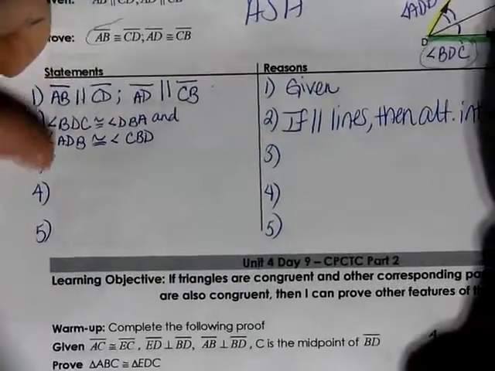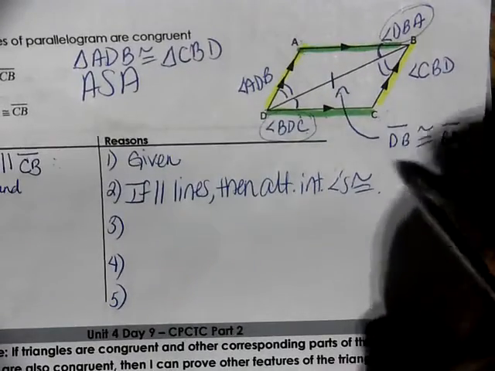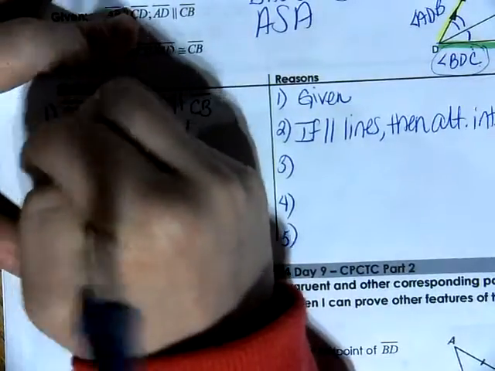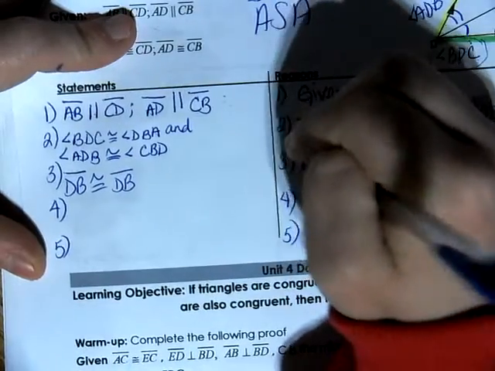Next, our last side that we needed to talk about came from the reflexive property of congruence, and that was DB being congruent to BD.